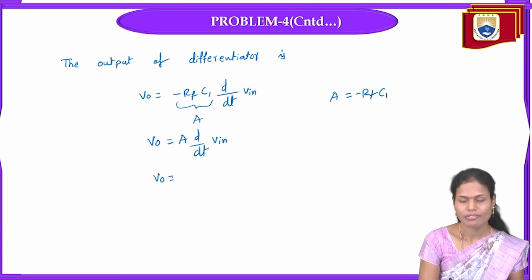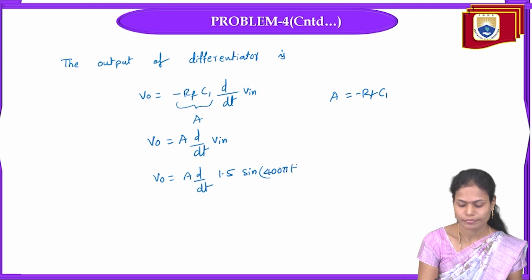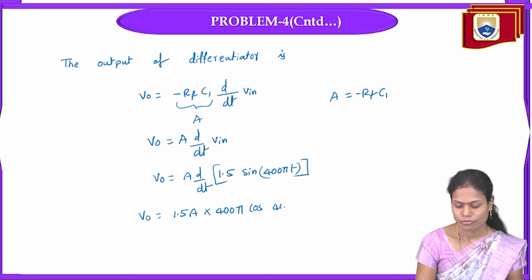Now substitute the value of Vin, whatever we calculated in the previous slide, that is A d by dt of 1.5 sine 400 pi t. After applying the differentiation, we will get 1.5 A into 400 pi cos 400 pi t.